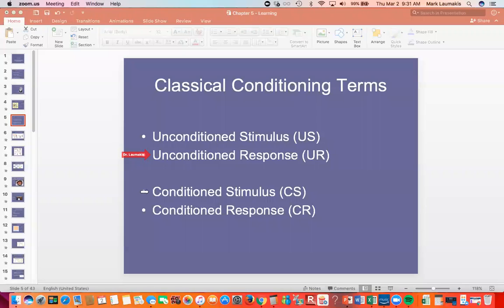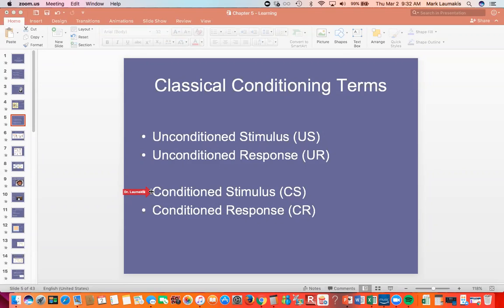The conditioned stimulus is the one that gets paired together with the unconditioned stimulus. So initially, what is to become the conditioned stimulus is a previously neutral stimulus. So that was the picture of, what's his face? On Tuesday, we did Bruno Mars, right, as the picture.